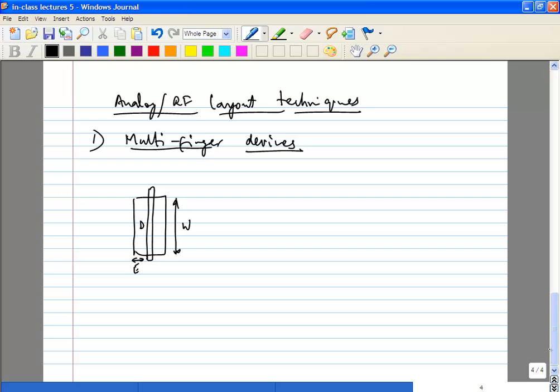And let's say this is your drain, this is your source, this is your gate. And of course this is your L. So of course if you just look at the schematic, this transistor is going to look something like this. This is going to be your gate.